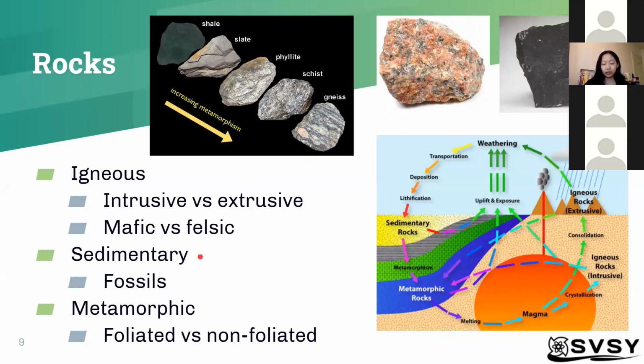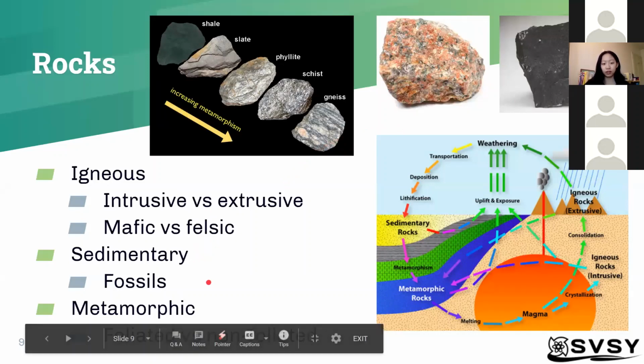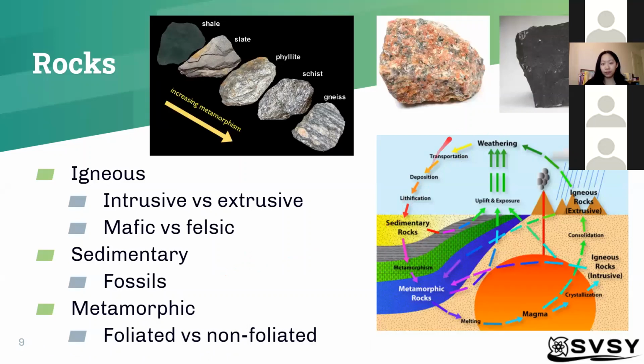And sedimentary rocks, they are the ones that contain fossils mostly, because they're formed from sediments that get piled on top of each other. And so when an organism dies and it gets buried by the sediment, it's mostly left unmodified and nothing really happens to it, so it can get preserved as a fossil.